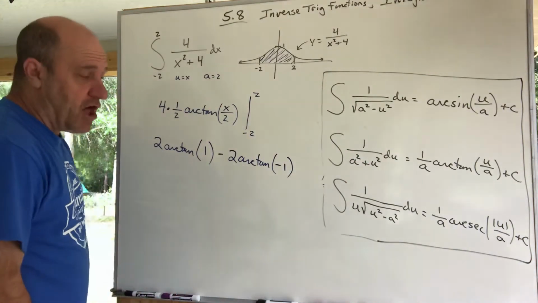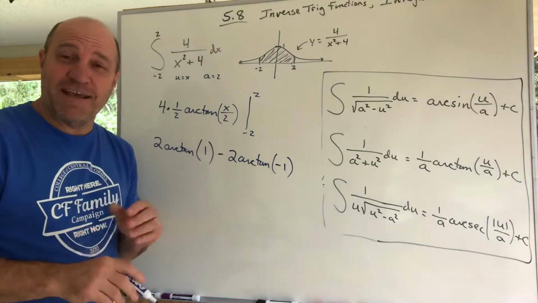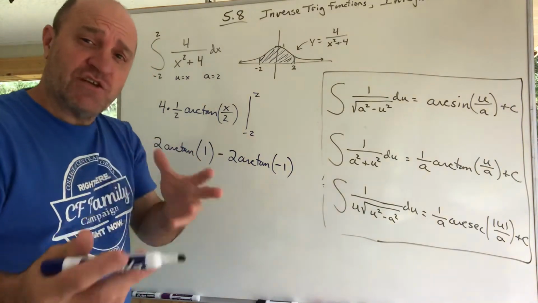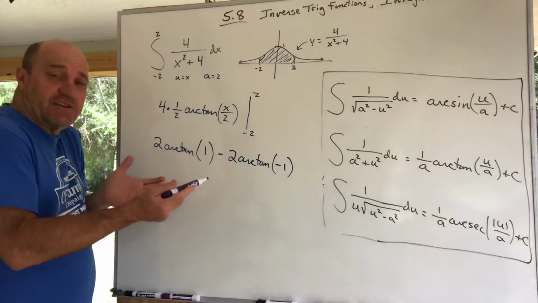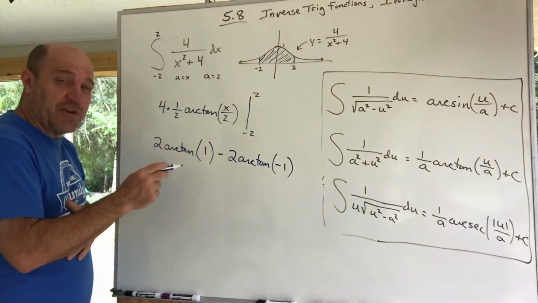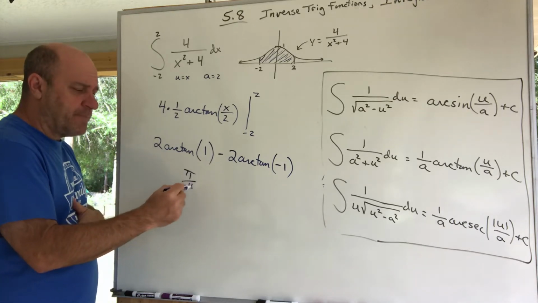Your calculator will help. But it helps to know what the arctangent of 1 is. It's the angle whose tangent is 1. And the angle whose tangent is 1 is 45 degrees. I should talk in radians, though, in this problem. So that's pi over 4.